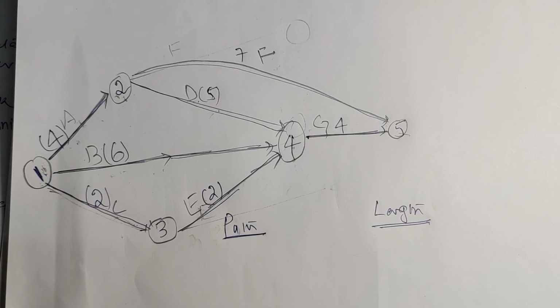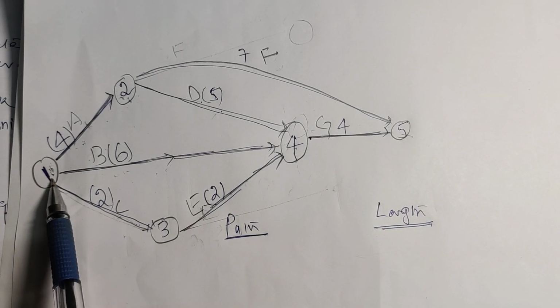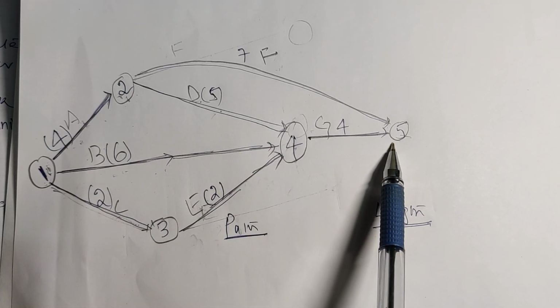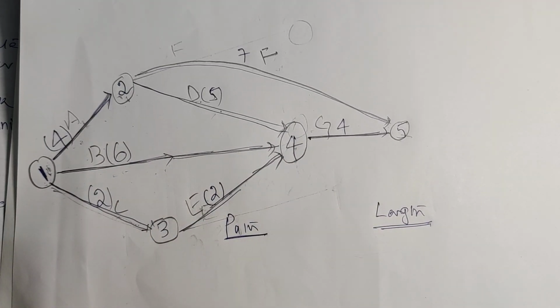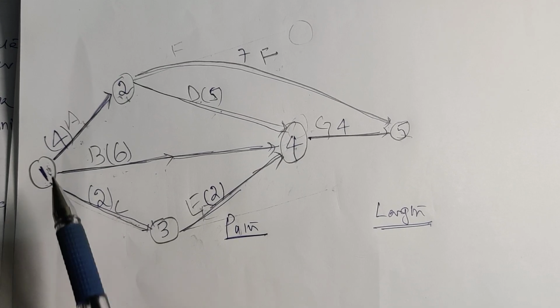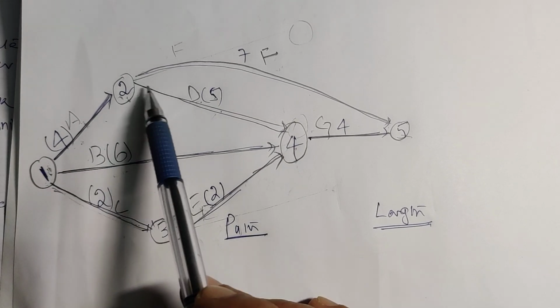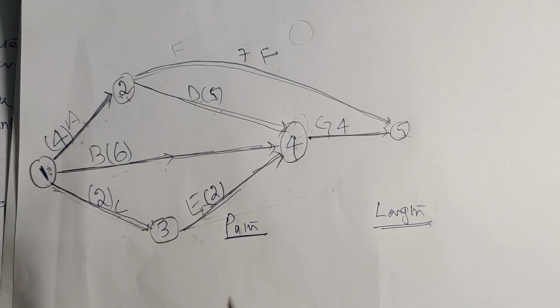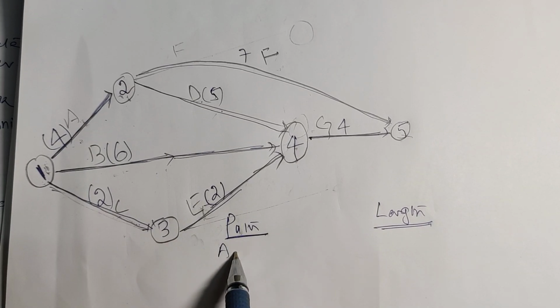What is a path in a network? Starting from node number 1, in how many ways I can reach node number 5. So one path is AF.